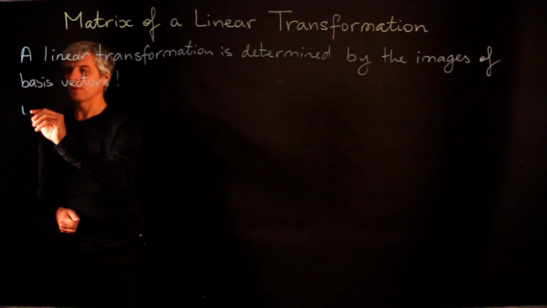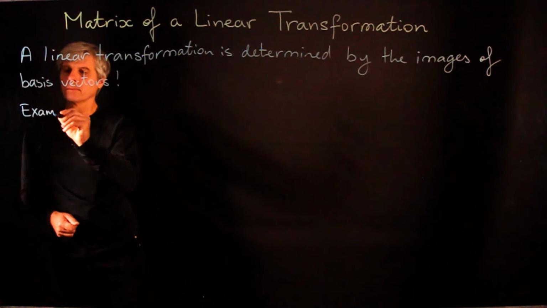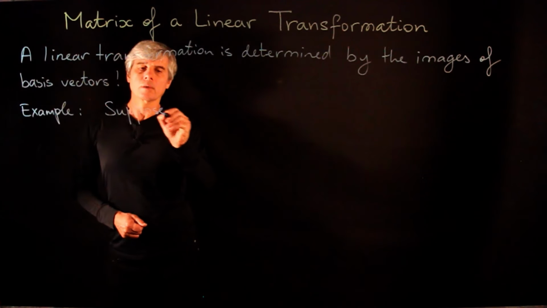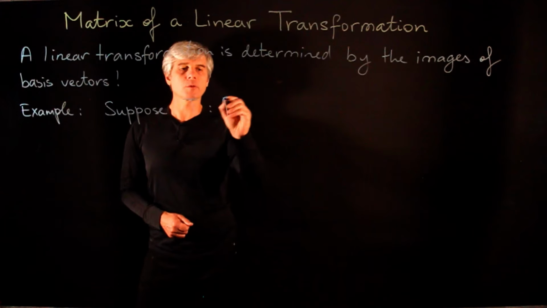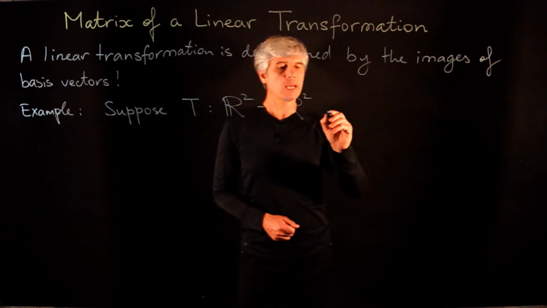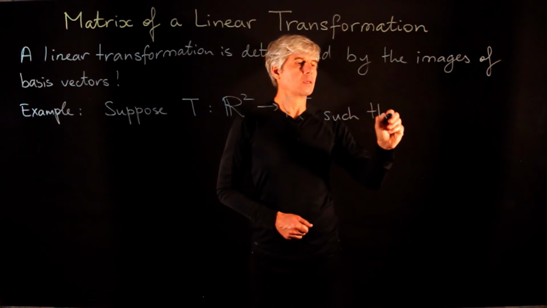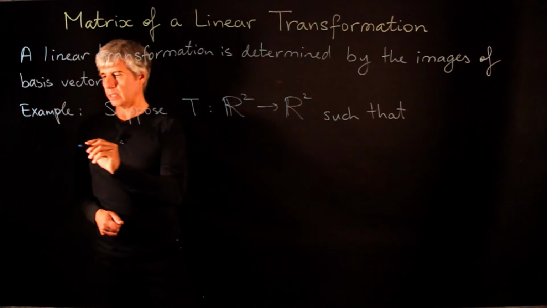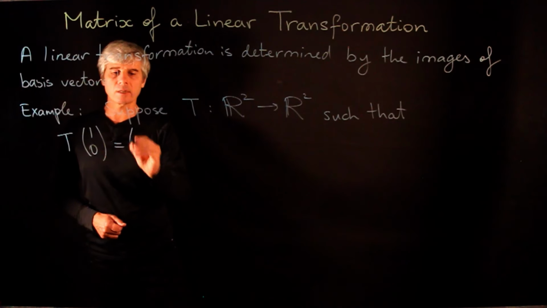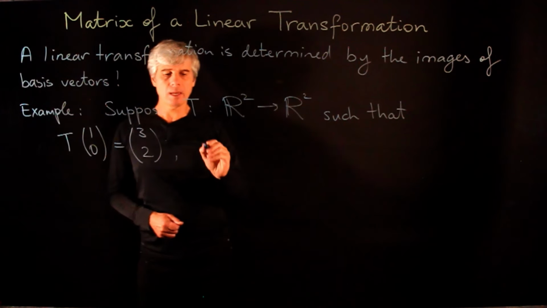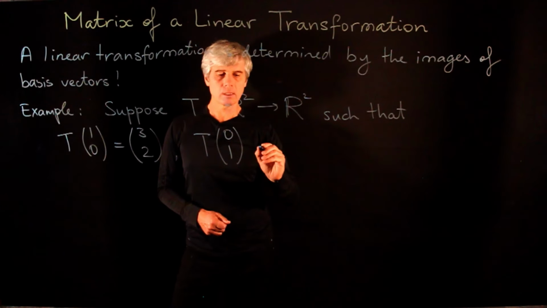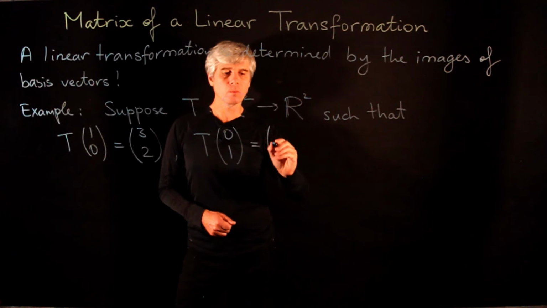So let's consider an example. Suppose we have T, a linear transformation from R2 to R2, such that T transforms the first basis vector (1, 0) into the vector (3, 2), and it transforms the second vector (0, 1) into the vector (1, 5).